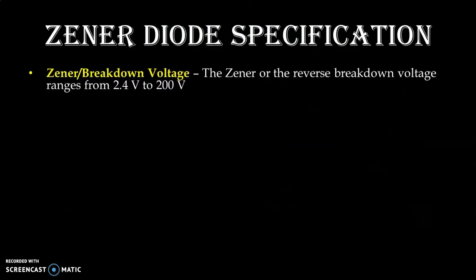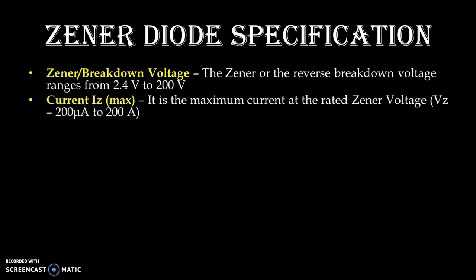Specification: Zener voltage or Zener breakdown voltage. The Zener or the reverse breakdown voltage ranges from 2.4 volt to 200 volt. This range varies from manufacturer to manufacturer. Current IZ maximum. It is the maximum current at the rated Zener voltage. So voltage remains at the rated voltage.